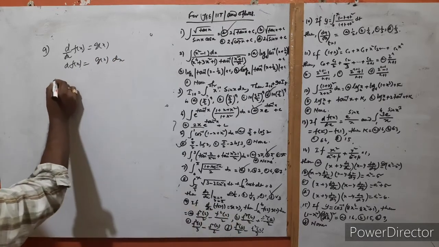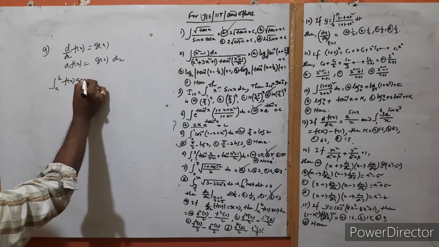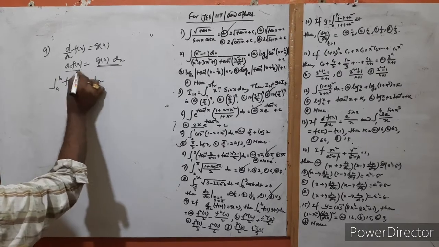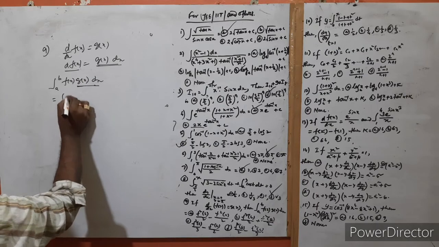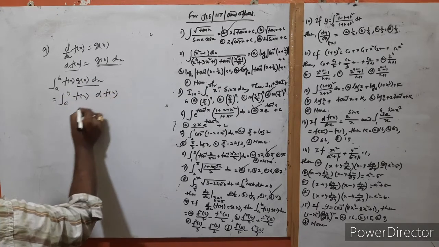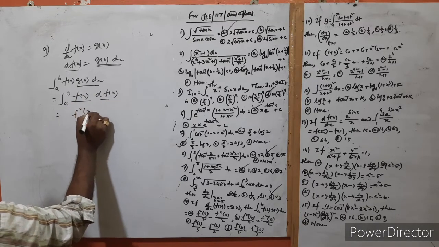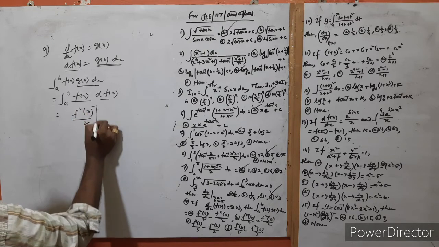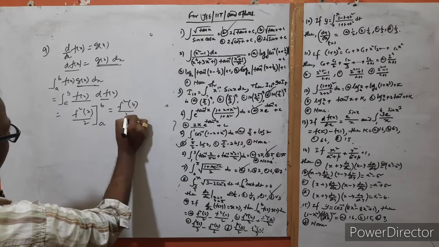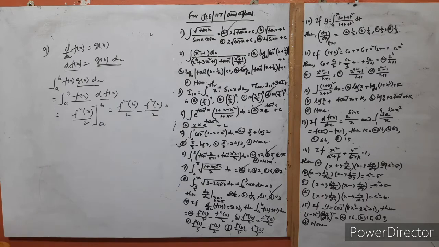Write the integral from a to b of f of x g of x dx. We can write g of x dx as d of f of x, so the integral from a to b of f of x d of f of x. Integrating like z dz gives z square by 2, so this is f square x by 2 with the limit a to b. So f square b by 2 minus f square a by 2, and this is the first option.